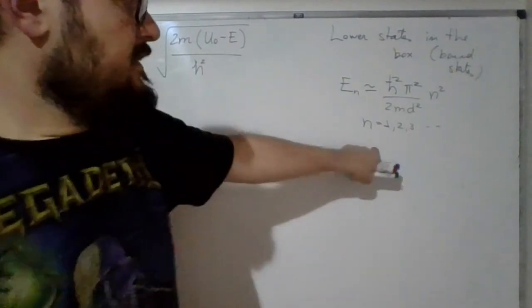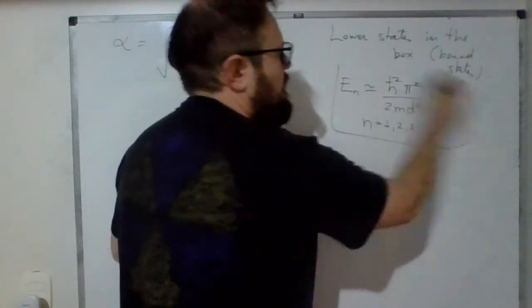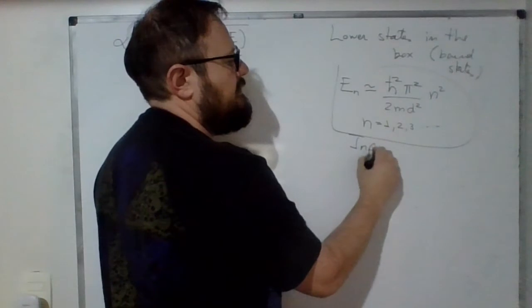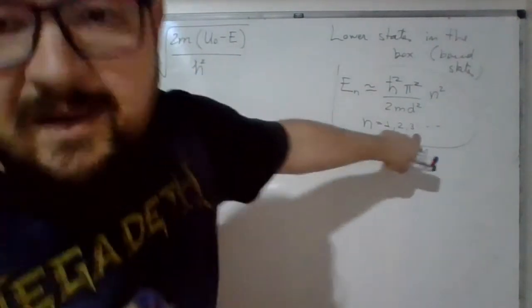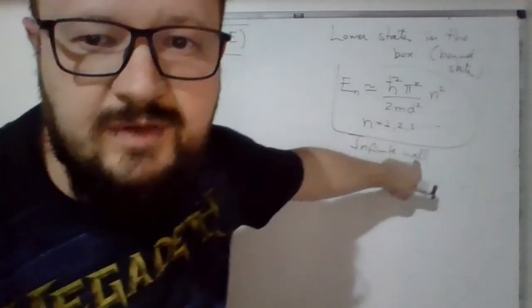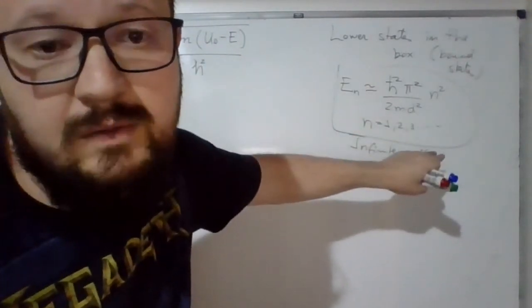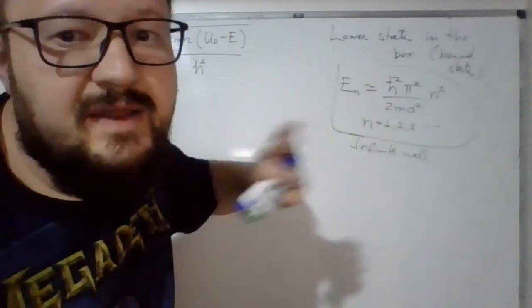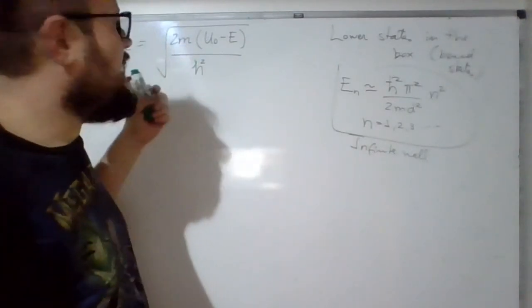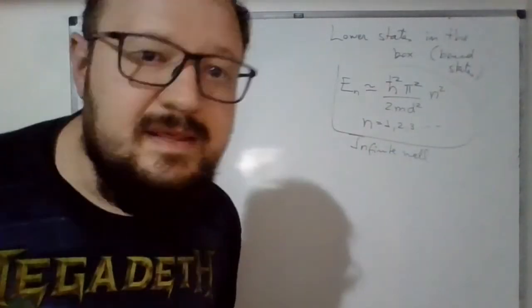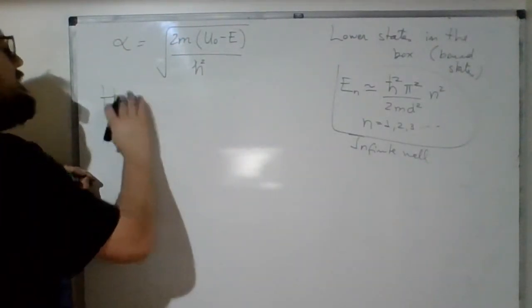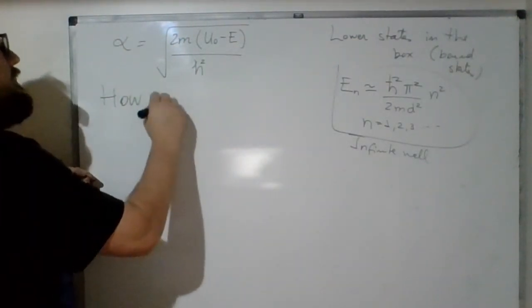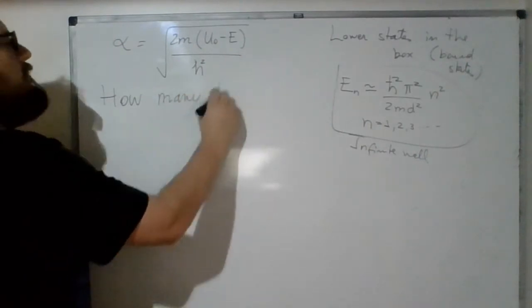But for an infinite well, you'll have an infinite number of solutions. For the case of a finite well, you'll find a finite number of solutions. And we are trying to estimate how many bound states.